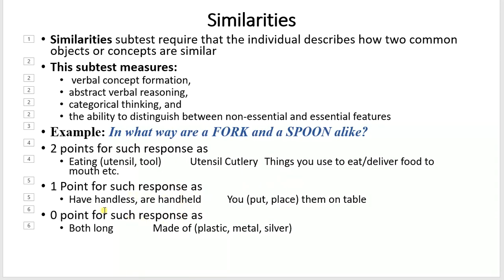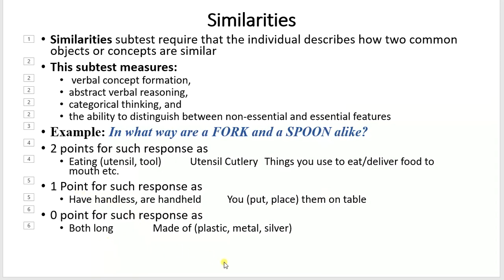But if one says handless, meaning eating without use of hand, or this is something which is handheld, or you place them on the table, then you are having some abstract essential feature of that, but not the perfect essential features, and therefore 1 point is given. But suppose one is saying that both are long, spoon and fork, they are long utensils, it means they are not understanding the abstract similarities.